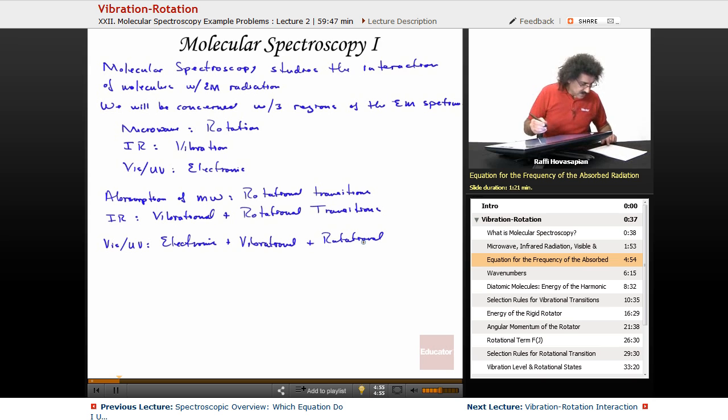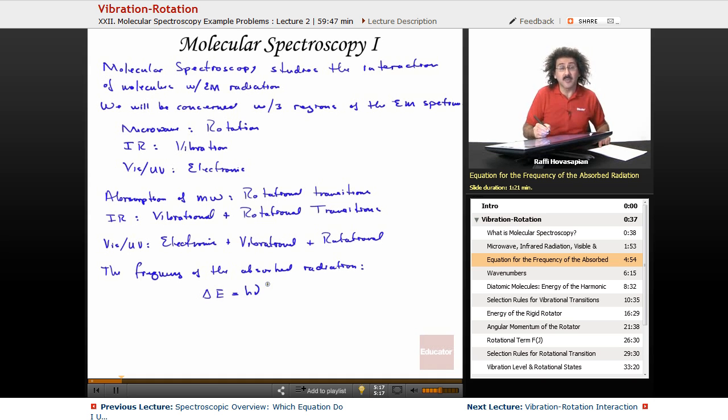Now, the frequency of the absorbed radiation comes from something we already know: delta E equals h nu. Planck's constant times the frequency is the change in energy from one energy state to another.